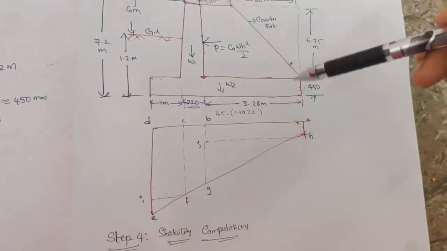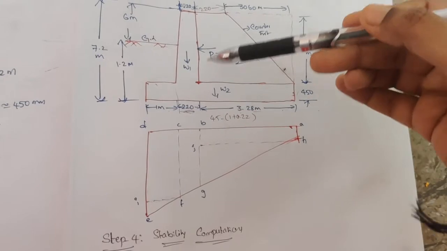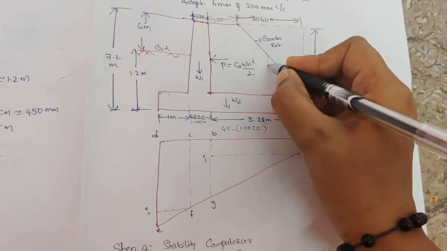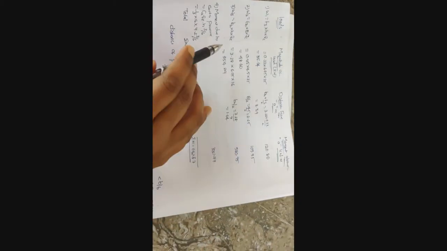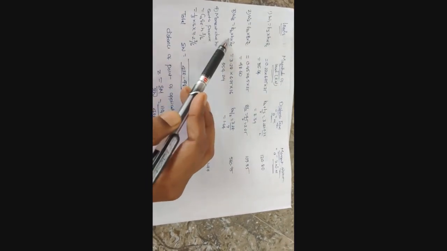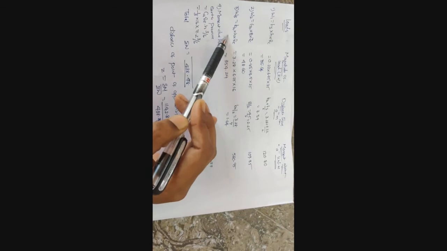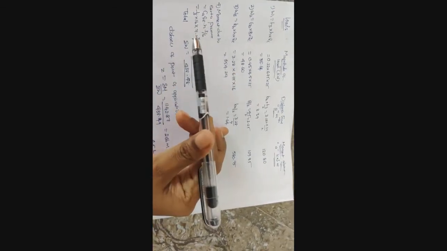So in the next stability computation, you have to check the upward pressures and downward forces also, W1, W2, and here in the middle we'll get W3. So when you are finding the stability conditions as per the previous procedure, you already saw W1, W2, W3, these are the weights of the stem, slab and backfill area, and the moment due to the earth pressure, which is coming horizontally.